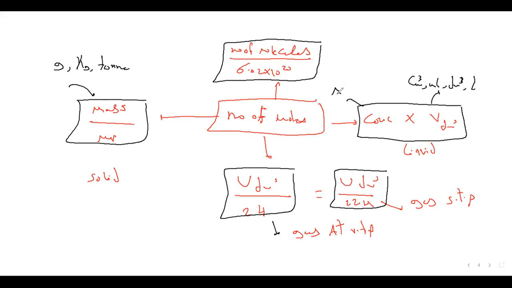Concentration: molar, or mole per decimeter cubed, or gram per decimeter cubed. Particles: molecules, or atoms, or ions.